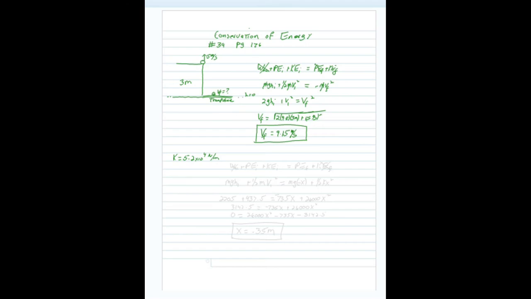So we're going to use conservation of energy again. Here, there's still no non-conservative forces. I'm going to take this from when he jumps off the tower until he fully compresses the trampoline.